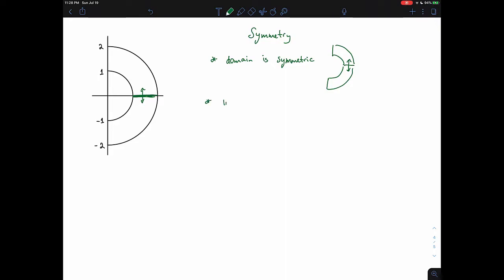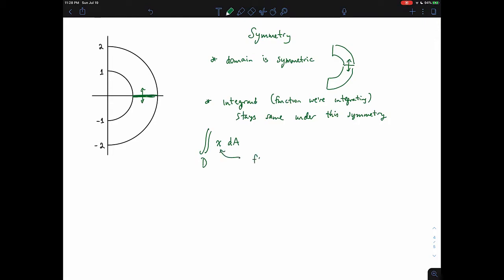And the integrand, the function we're integrating, stays the same under this symmetry. Because in our running example, the function we're integrating is x, and this function stays the same.